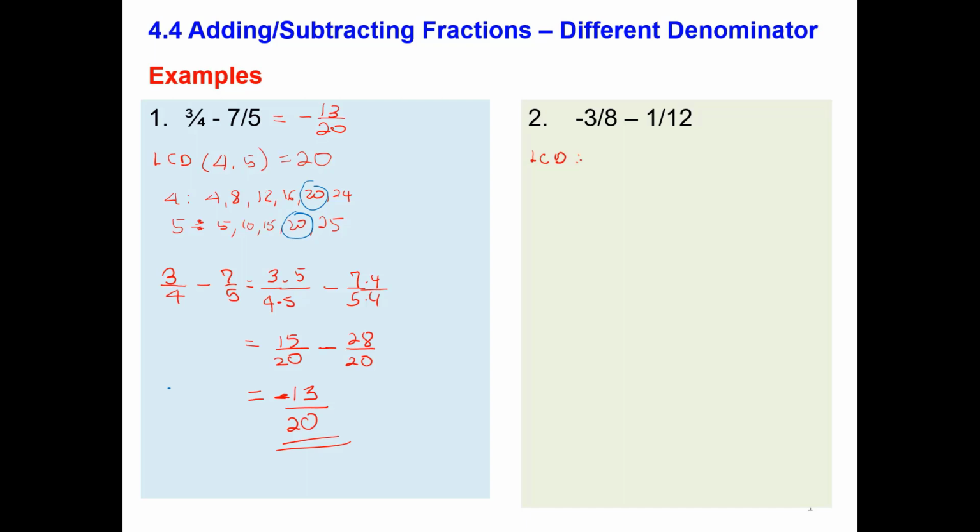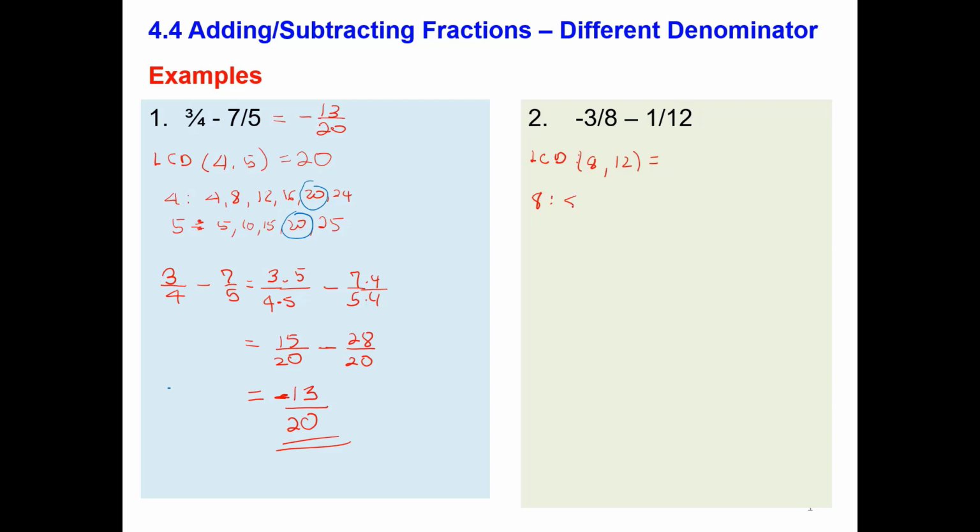Then the LCD of 8 and 12. If you know the LCD, just go ahead and write it. But if you don't know, what we have to do is list the multiples.